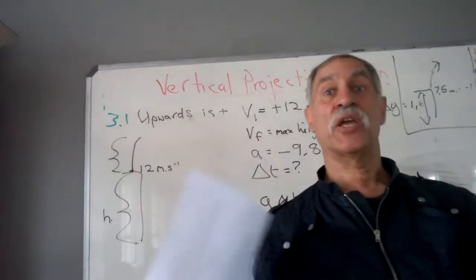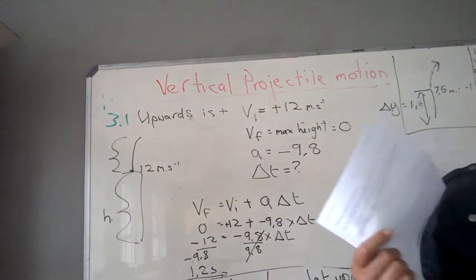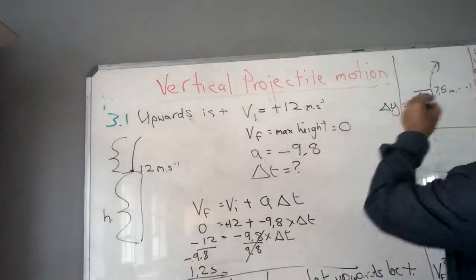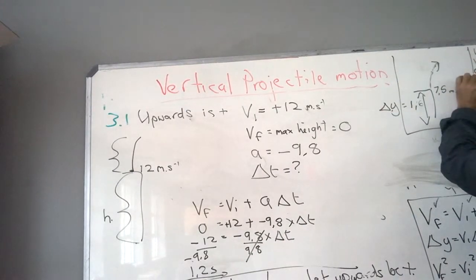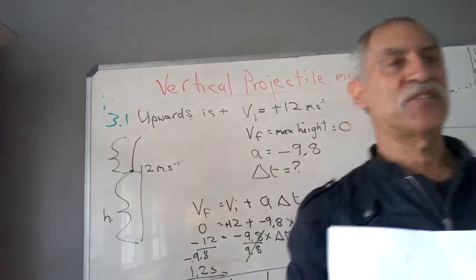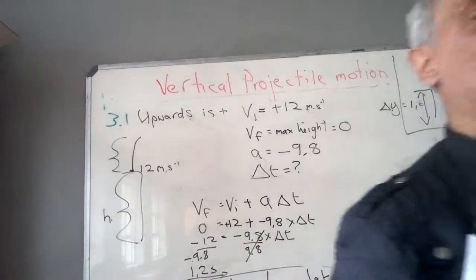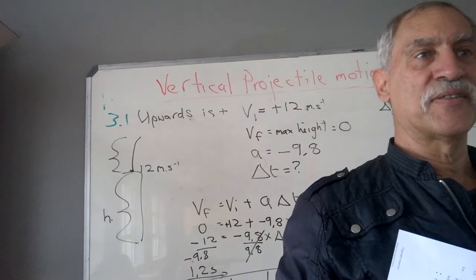You see, we're getting used to it now. How much? Positive or negative? Negative 9,8. They're asking for delta t. They tell us when it reaches the top. So Cassie, when it reaches the top, what's its V final? 0, right?